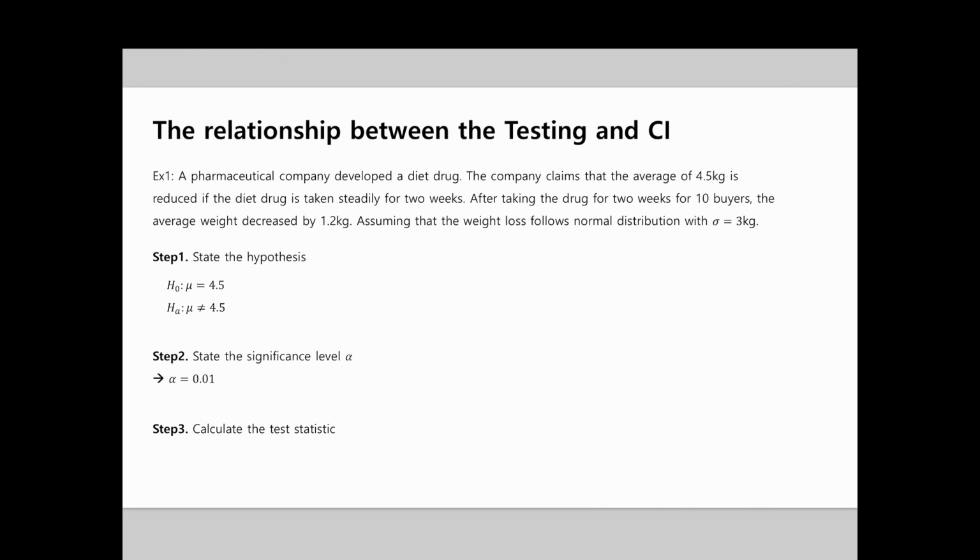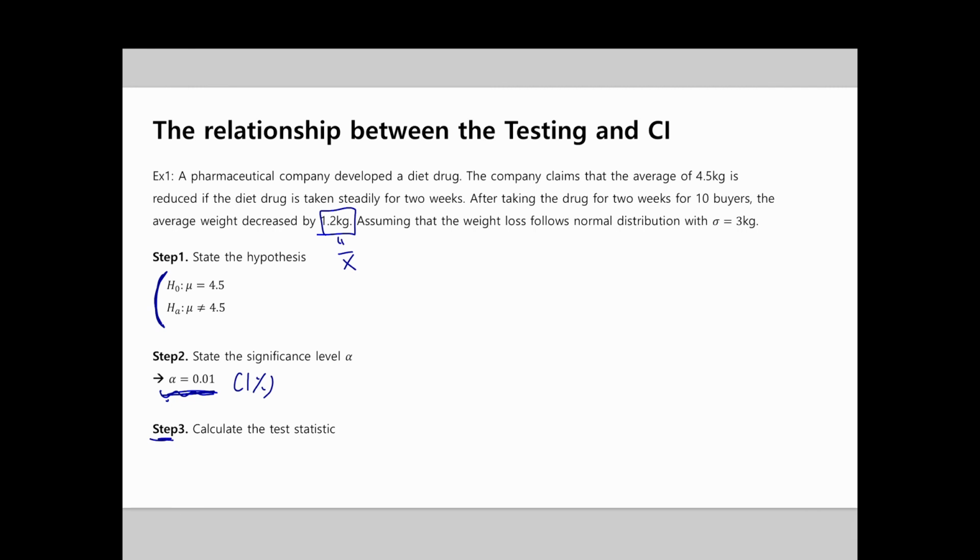In this case, let's set x bar equal 1.2 and the significance level alpha 0.01. Okay. So step 1, the hypothesis is as follows. Okay. Step 2, the significance level equal 0.01.